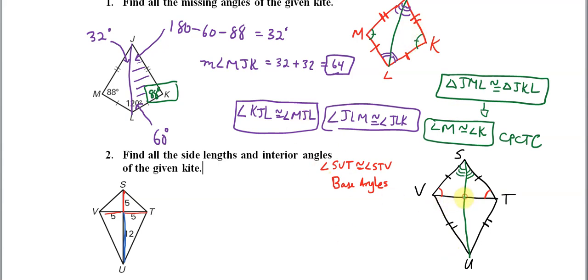This point in the middle, I guess we'll call it R. Now if you look at these two smaller triangles that we've marked up, you can see that they are in fact congruent to each other by angle side angle. So we can say triangle SVT is congruent to triangle STV by angle side angle.